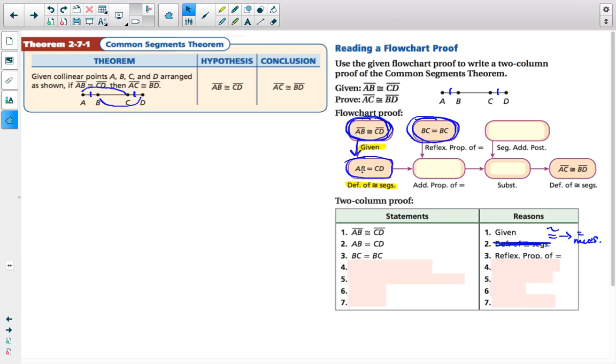Now, if this is true and if this is true, then this is true. So we needed both of these pieces of information to be able to do this box. So I can add BC to both sides of the equation, AB plus BC and CD plus BC. Add the same thing to both sides. That's just the addition property of equality.